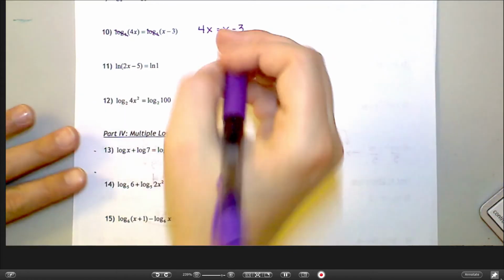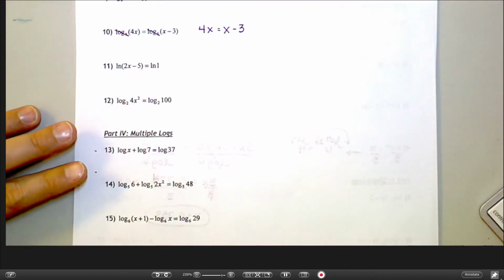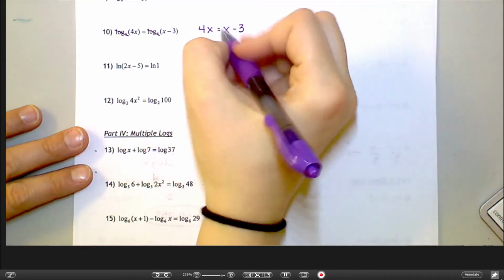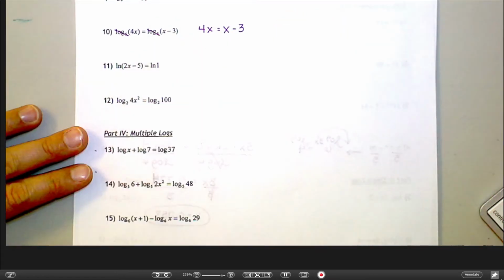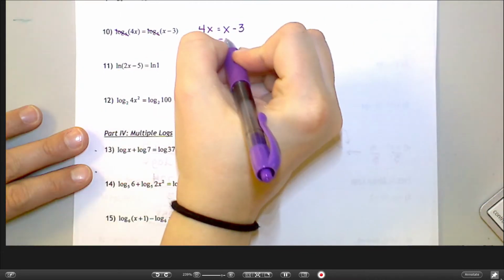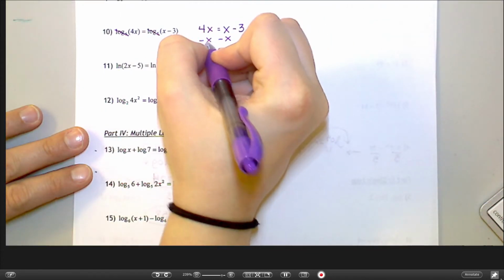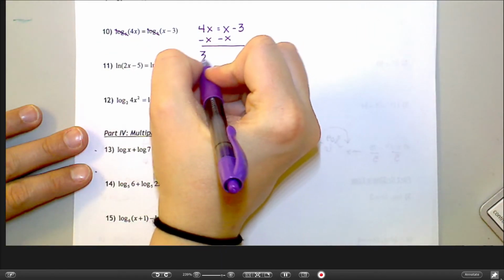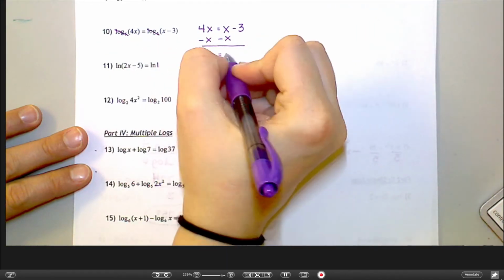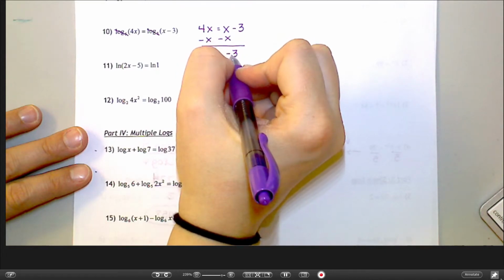Okay? Here, if you're trying to get x by itself, you've got to get the x's together somehow. And I really think if there had been another number over here with the 4x, that you would have been okay. But I'm going to start by moving this x over. What is 4x minus x? It's 3x. It is not 4. Would that make the 3 negative 3?